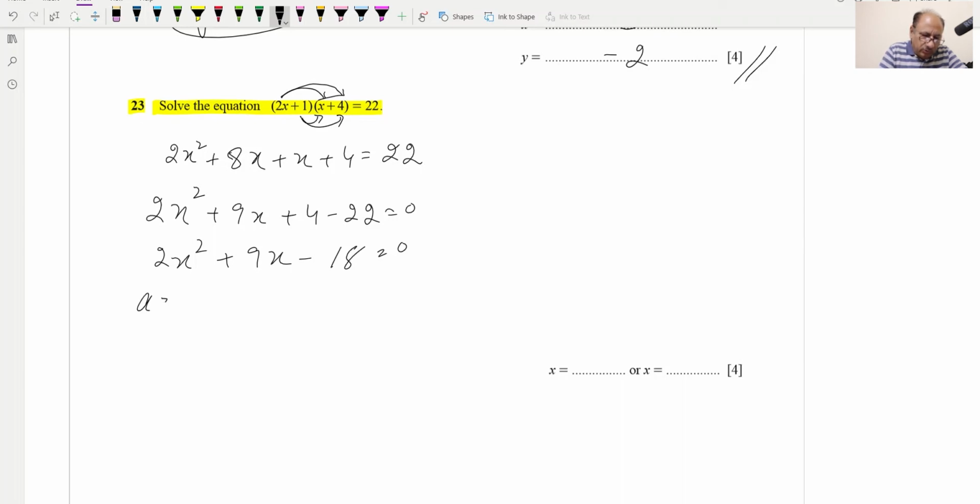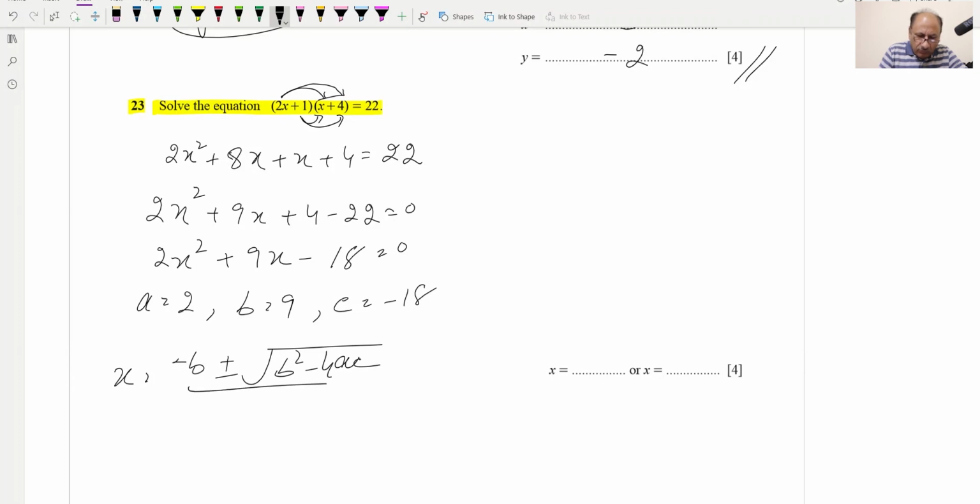Basically a is equal to 2, b is equal to 9, and c is equal to minus 18. So x will be equal to minus b plus minus the square root of b squared minus 4ac, over 2a. This is a 4 mark question, so we'll be giving all the details.